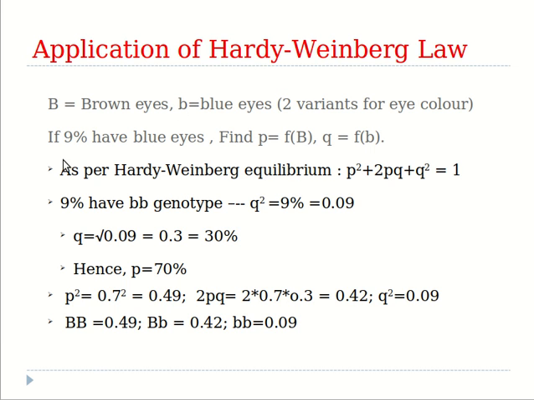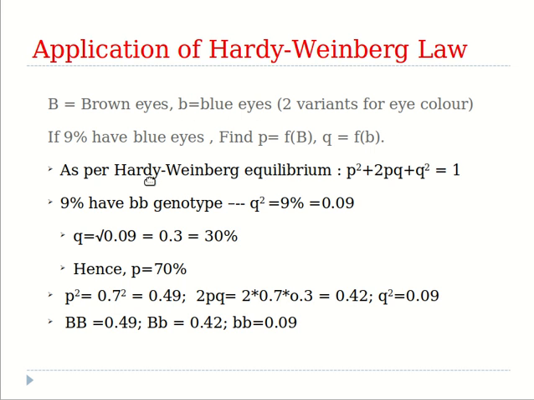In a particular population we have observed that 9% of the population have blue eyes, and we need to find the allele frequency, p, of brown eyes and the allele frequency of blue eyes. Along with that we can also find the number of individuals in the population with homozygous brown eyes, homozygous blue eyes and heterozygous condition.